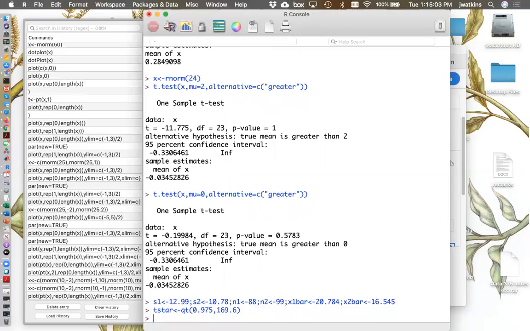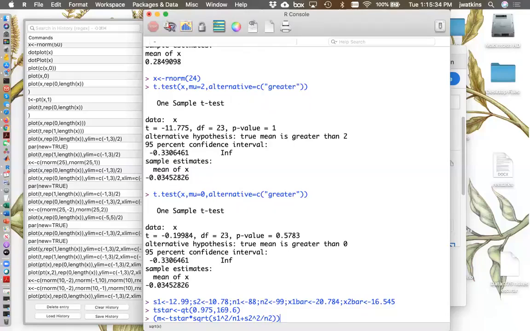Okay, so then the margin of error is going to be a T star. Let's put parentheses around it. T star times the square root of S1 squared divided by N1 plus S2 squared divided by N2.